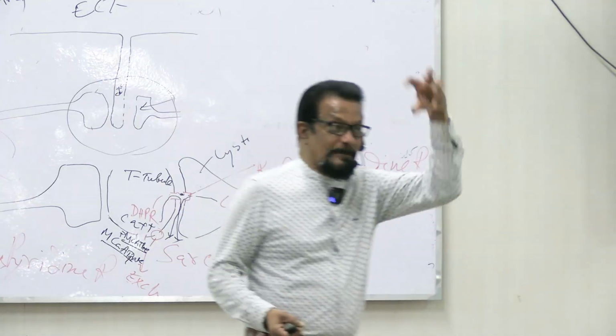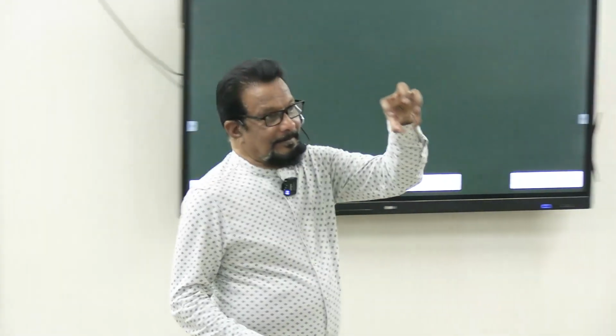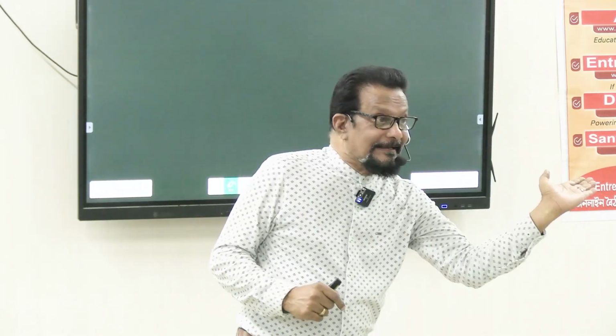Now this energy will be stored again in the myosin head, and ADP and Pi will remain bound. So it is the initial stage. Now it has affinity for the myosin binding site, so it will bind with it. Again, the phosphate will be removed. There will be a power stroke.